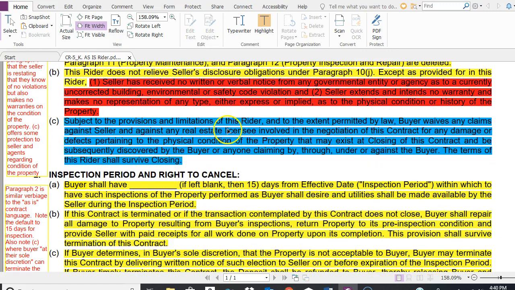Okay. Part C offers some protection of the seller and agents regarding the condition of the property. Subject to provisions and limitations of the rider, and to the extent permitted by law, buyer waives any claims against seller and real estate licensee involved in the negotiations of this contract for any things that exist after closing.